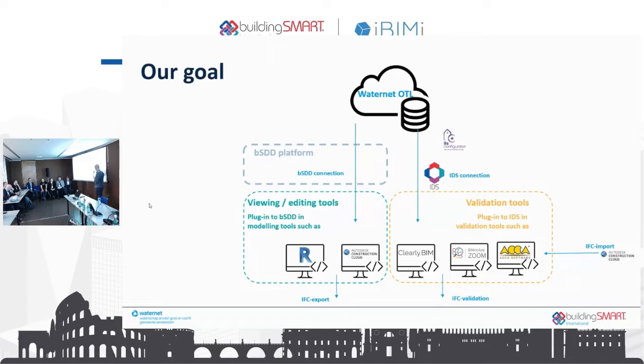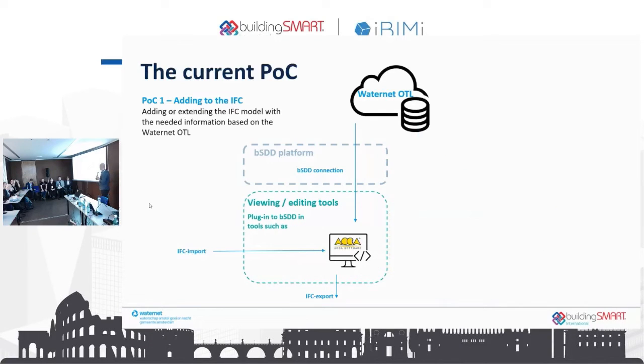Another situation is how we can make an IDS from our OTL, maybe with the ILS converter or other tools, or do it directly and validate it with tools. But for this current POC, we use our OTL, we use the bSDD platform, and with the AKA software, we check if we now extend our IFC and make a new export.